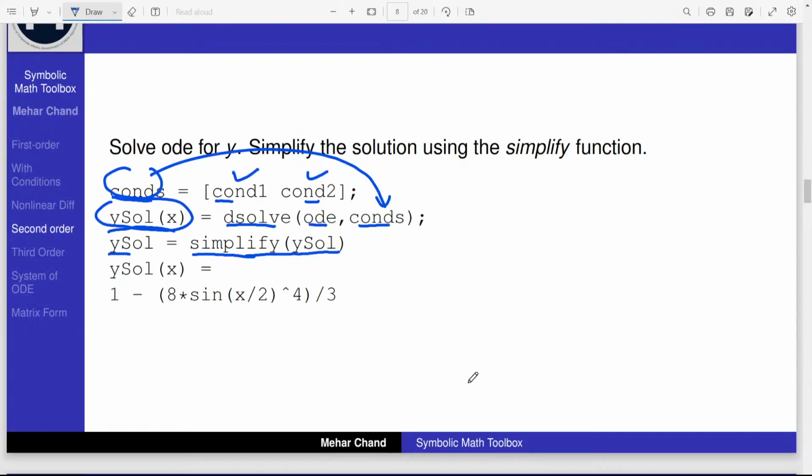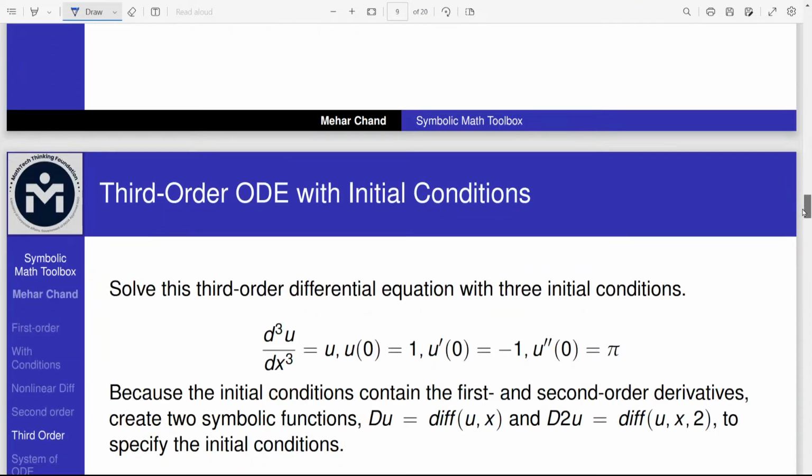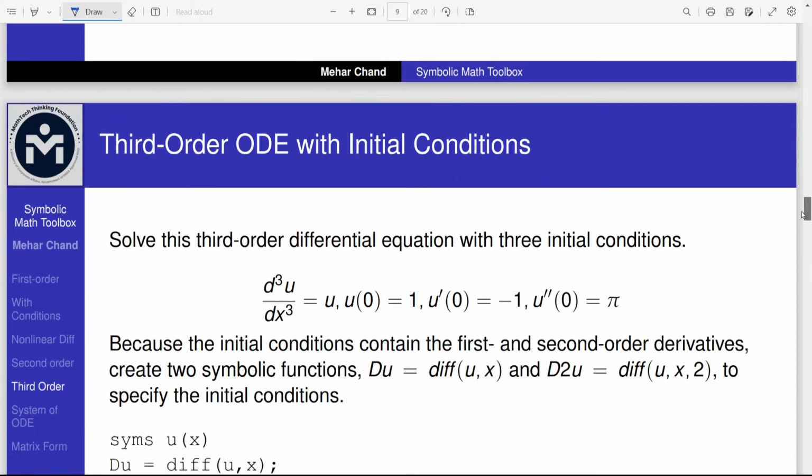Now here you can see we have a third order differential equation, and when we have a third order differential equation, naturally we have three conditions.